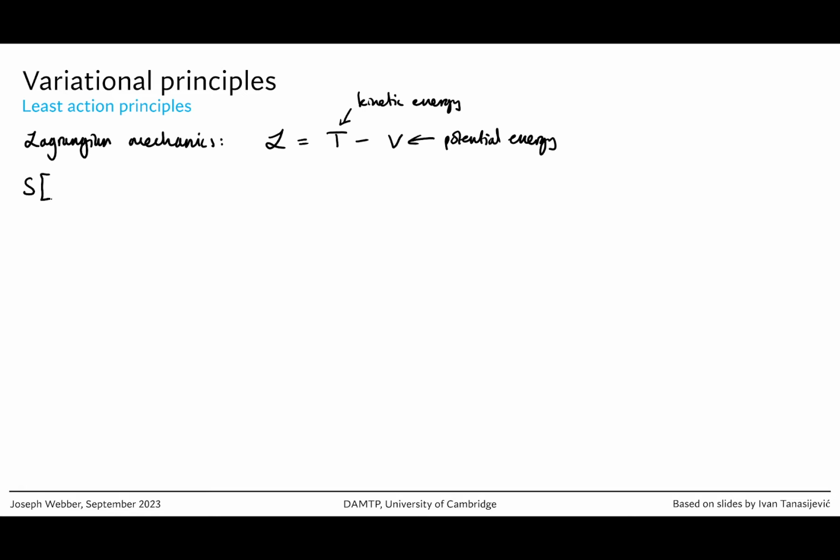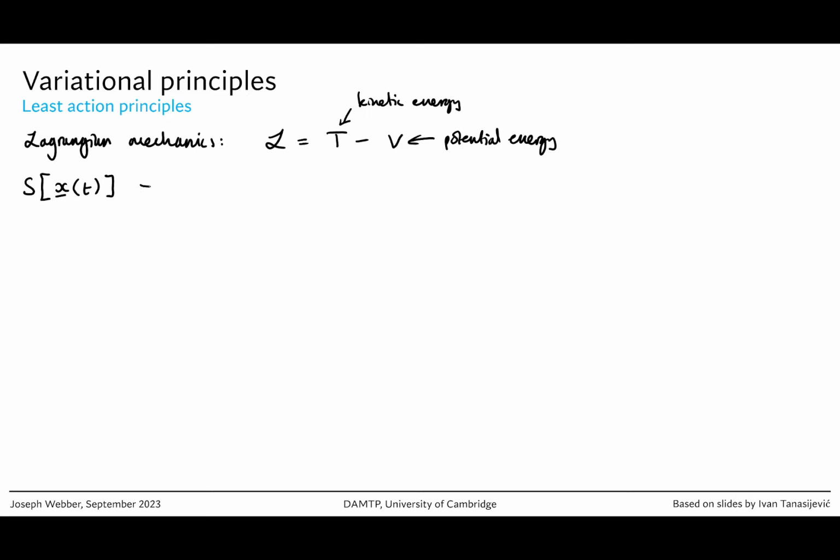Lagrangian mechanics is all based around this quantity called the Lagrangian. Now the Lagrangian is defined to be T minus V, where T is the kinetic energy of the system and V is the potential energy. And we further define something called the action. And the action is a functional, and I'll talk about what that means in a second, of the position of the particle x, which is a function of time.